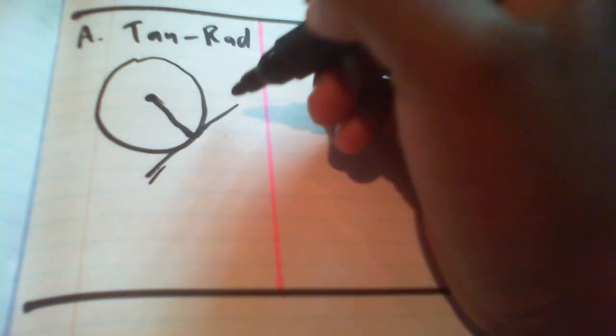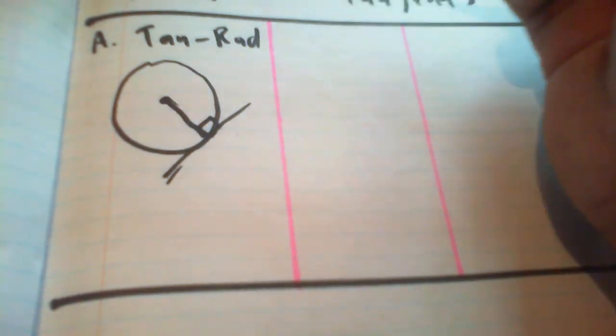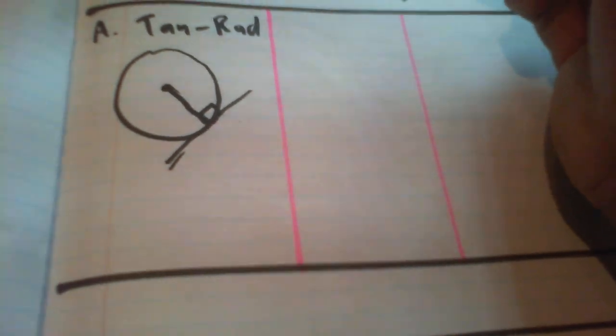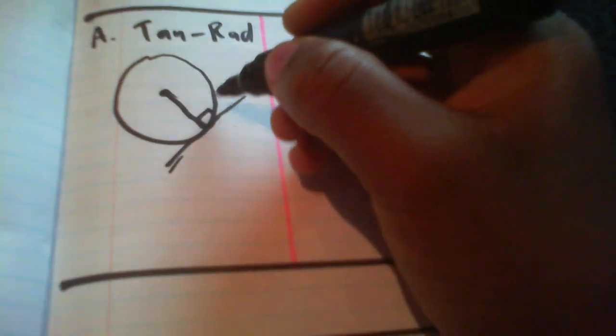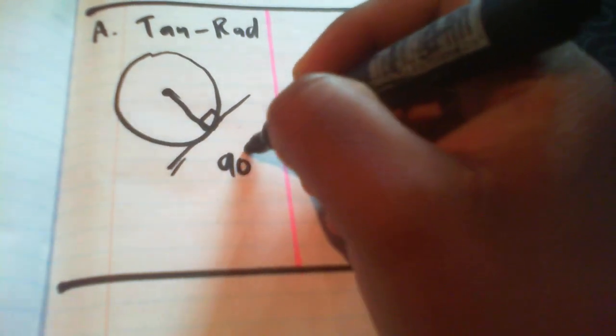So you have your circle, you have your radius, you have your tangent. So circle, radius and tangent form an angle of 90 degrees there. So it forms an angle of 90 degrees.